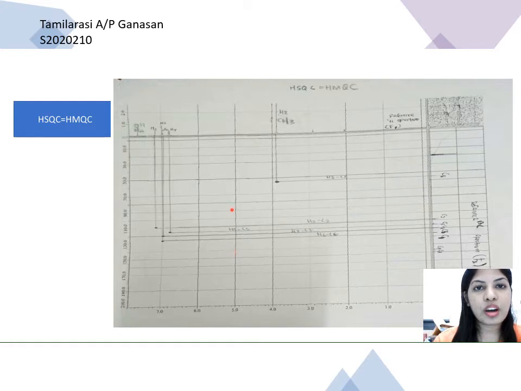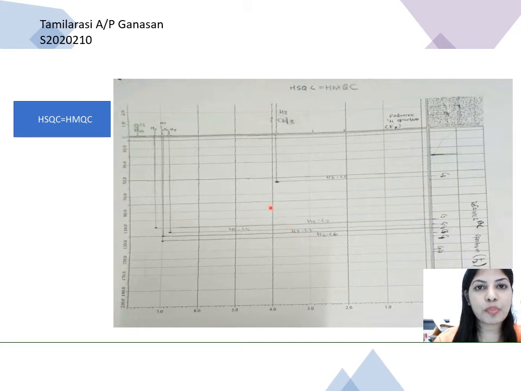If we go down from this proton signal, we eventually reach a peak, called a cross peak. If we go across from there, it correlates to a carbon signal. That tells us this proton is directly attached to this carbon. This is how the spectrum works.